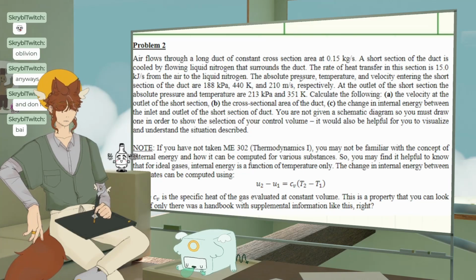Usually if we're given temperature, we can find a density. If we don't have it, we probably have to assume it's incompressible. Calculate the velocity at the outlet of the short section. Probably a mass flow question. The cross-sectional area of the duct. What? Wait a second.